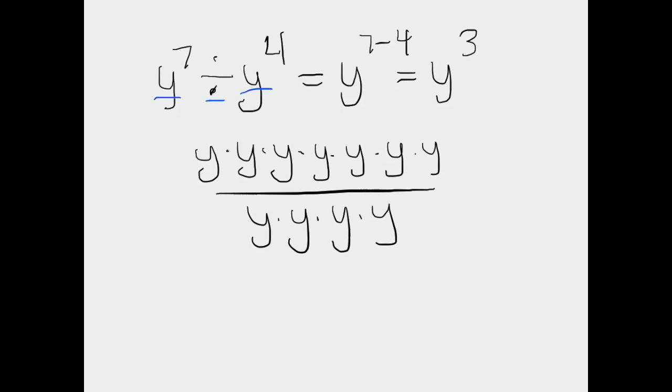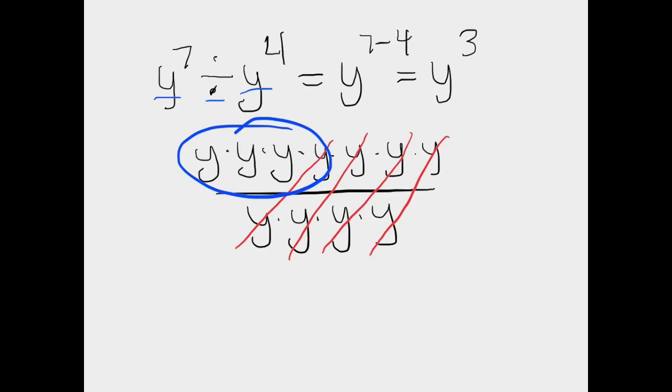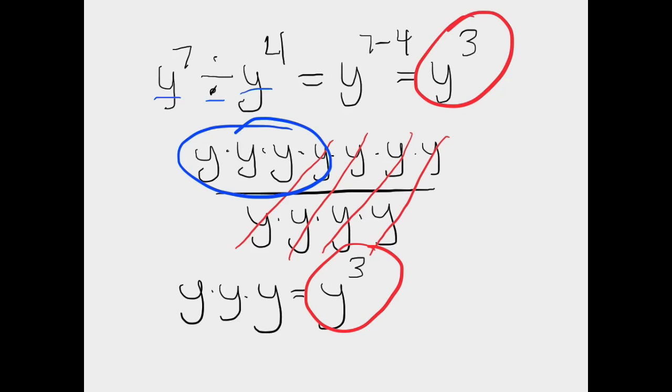And now I'm going to cancel them out, so I can cancel that group, that group, that group, and that group. So that leaves me with Y times itself 3 times. So I'm left with Y times Y times Y, which can also be written as Y to the 3rd. And these two solutions match. Let's try another one.